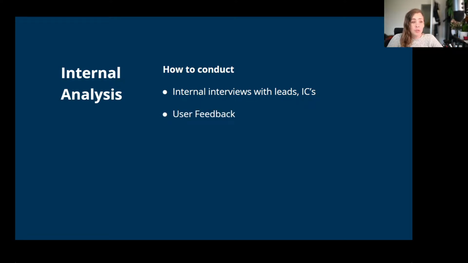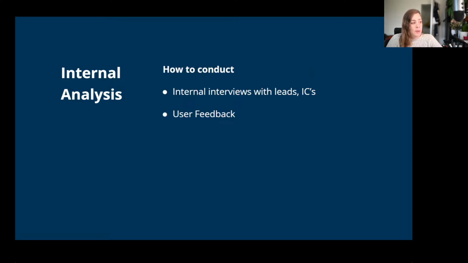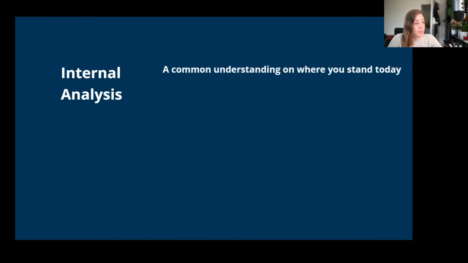You can also consult with user feedback, and these are the main sources for trying to find out what's going on. Having really good qualitative user feedback and an internal view from people in management, but also all the way down to the operative level, is going to give you a really good data source. It is about creating, with these data sources, a common understanding of where you stand today.